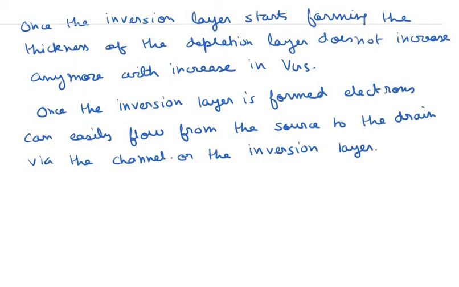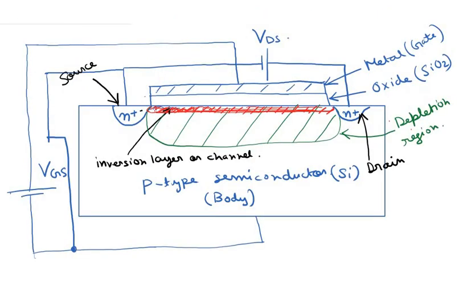Now, what will happen if this voltage VGS is set to 0? If VGS is set to 0 and VDS is non-zero, then no current would actually flow from the drain to the source, or no electrons would flow from the source to the drain.